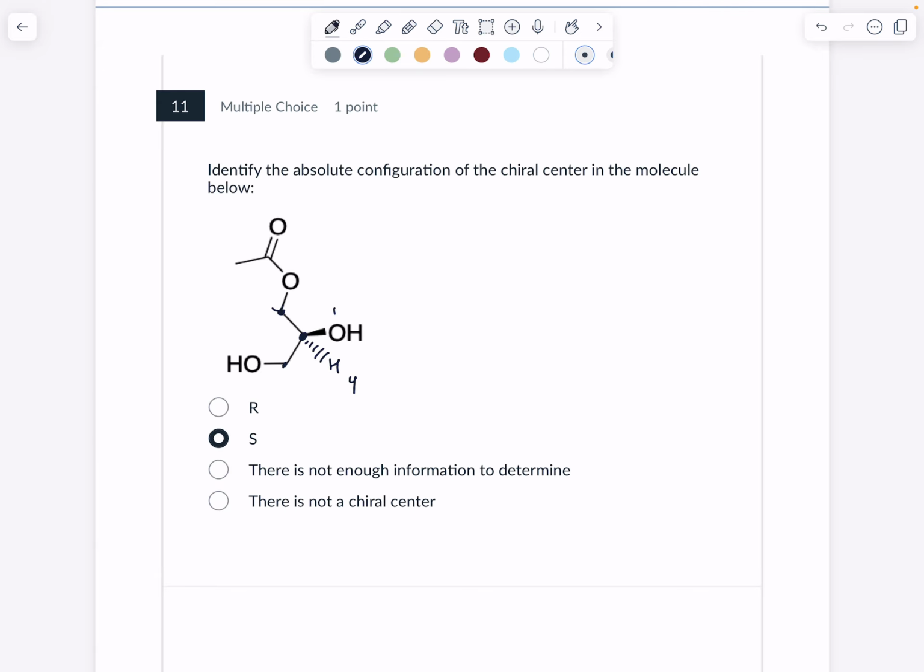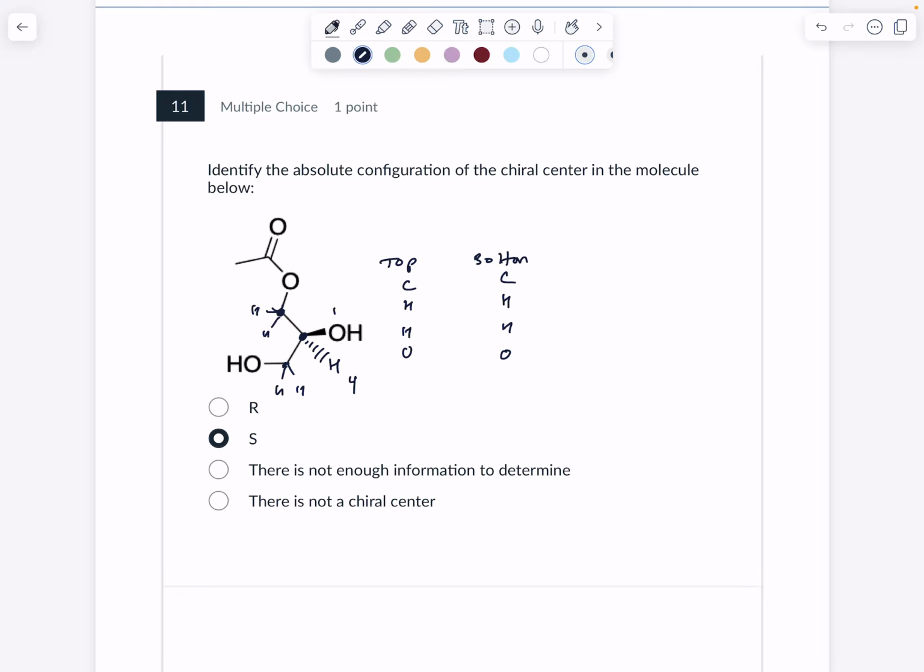A lot of times I'll make a list. So the top carbon is attached to 2 hydrogens and an oxygen, hydrogen, hydrogen, oxygen. And then the bottom carbon is attached to 2 hydrogens and an oxygen.